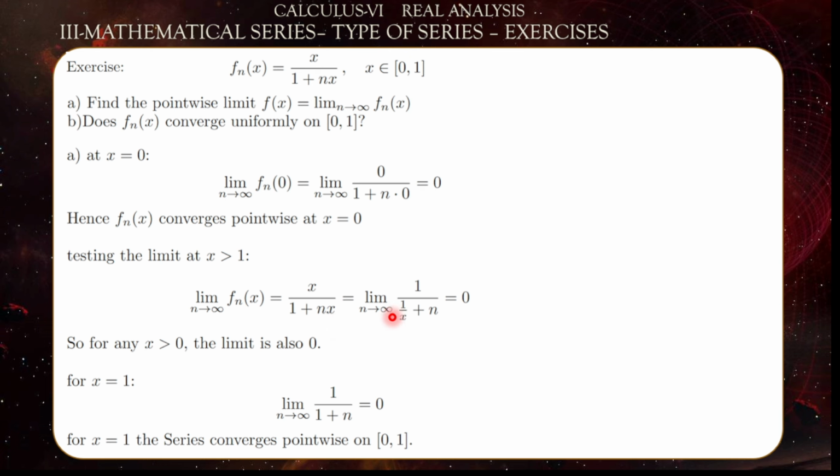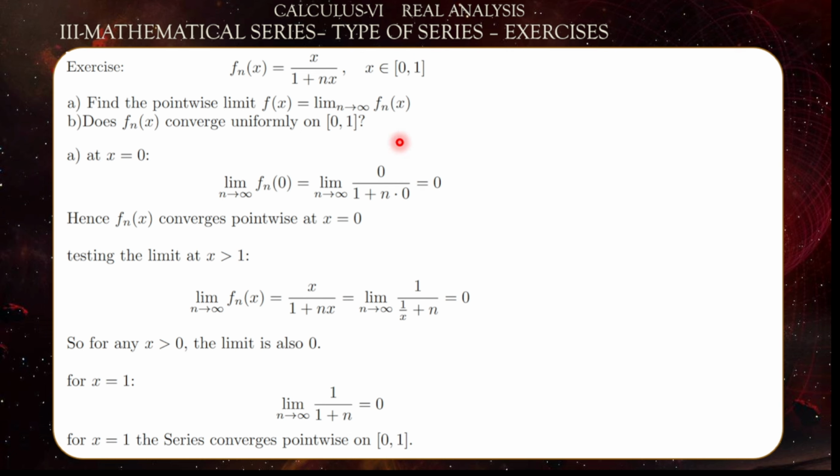So it is the limit as n approaches infinity of 1 divided by (1 over x plus n). We know that as x becomes very large, 1 over x decays to 0. So you end up with 1 divided by n. As n approaches infinity, the entire limit also decays to 0. So for any x greater than 0, the limit is also 0.